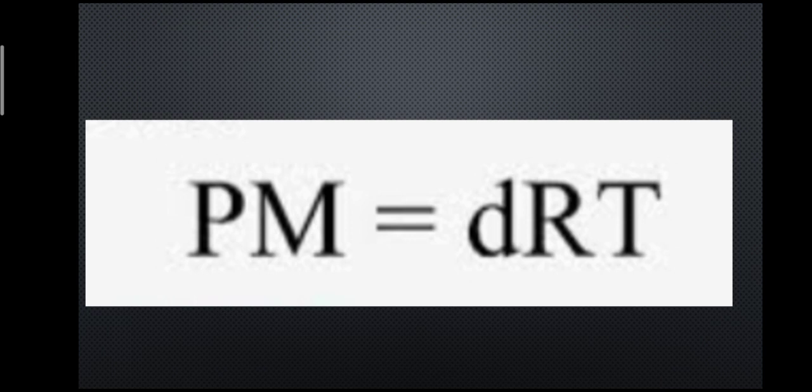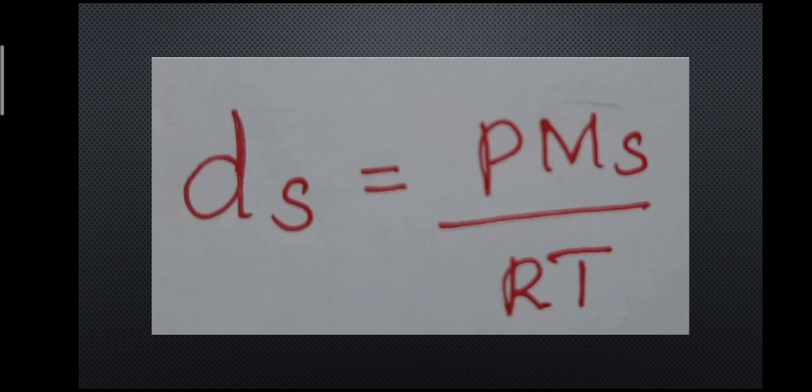For any substance or gas, we can write PMs is equal to dsRT, where Ms is the substance. Similarly, for hydrogen also we write PMH2 is equal to dH2RT. So only the molecular mass and the density will vary, the others remain constant.